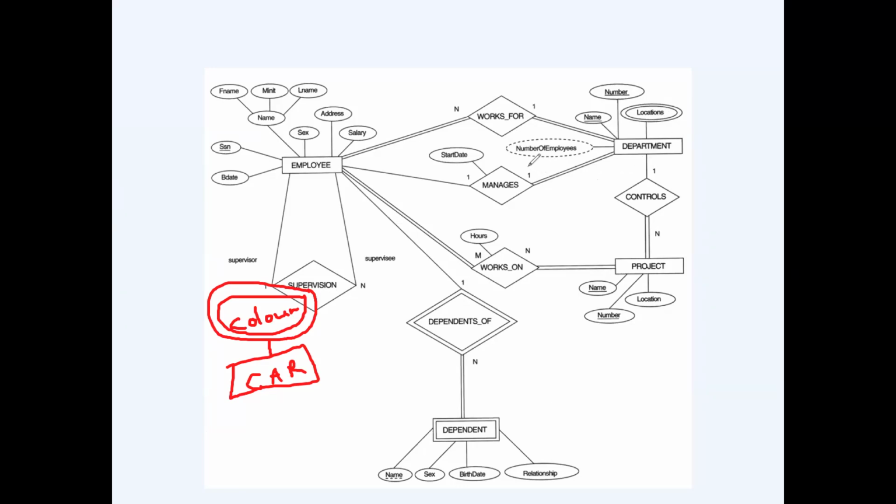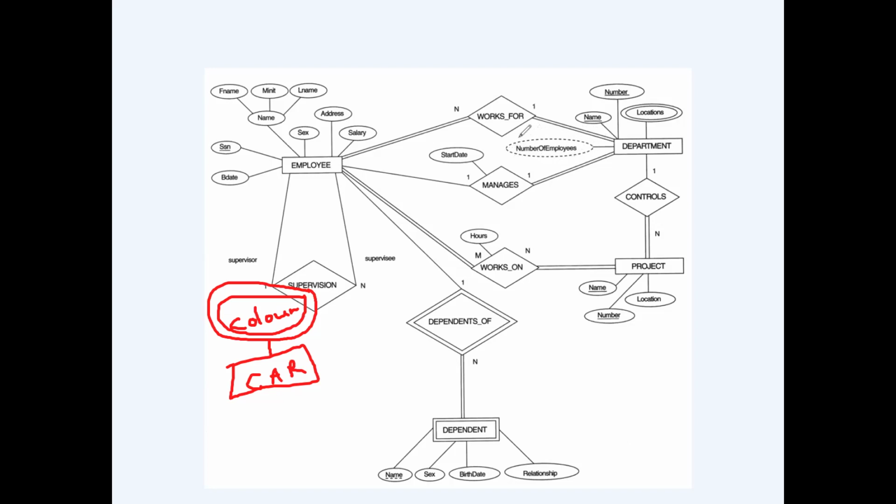Finally, you can calculate some attributes based on other attributes. For example, number of employees is a calculated one. So if it is a calculated attribute, we call it a derived attribute. You will use a dashed ellipse like this. So for example, we have a birth date. Now let's say you want to have an age attribute. So the age attribute will be a derived attribute.